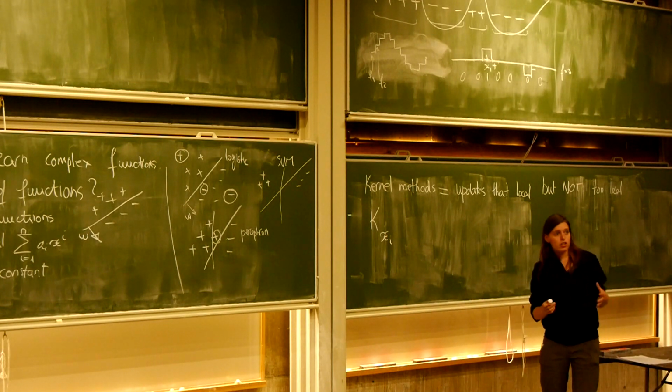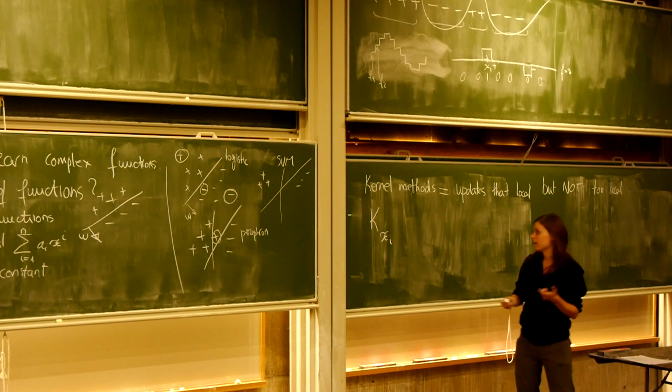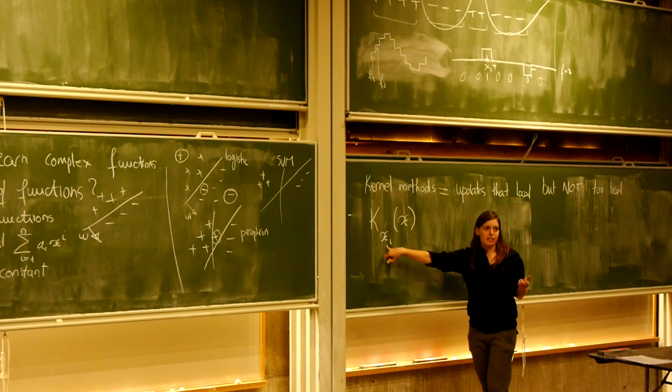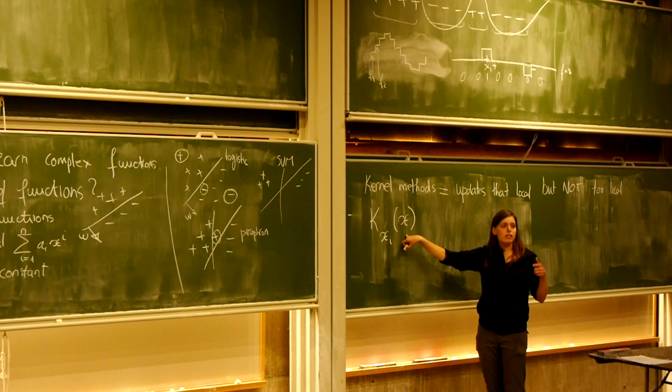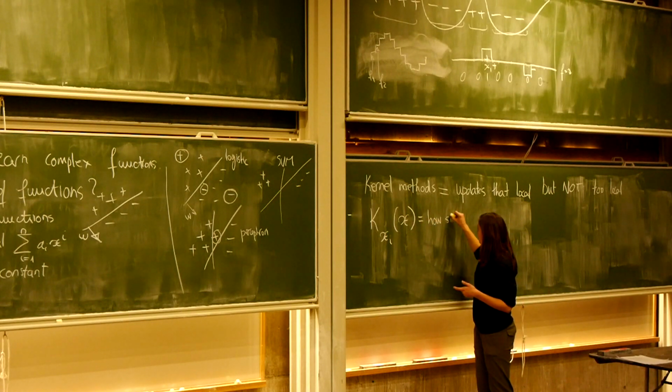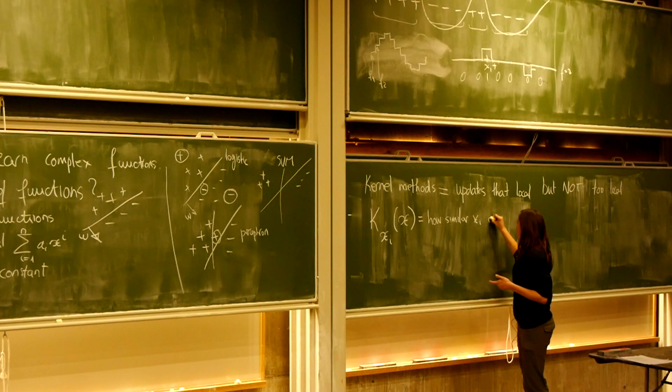And you use this function to quantify how similar other points are to xi. So when you write kernel at xi of x, this is a number that tells you how similar xi and x are.